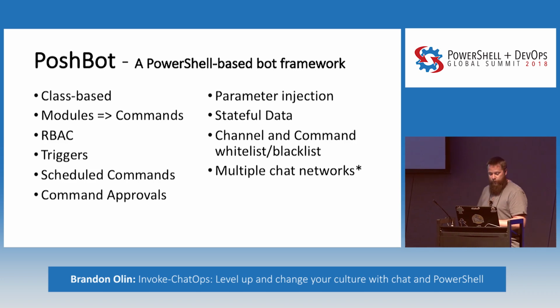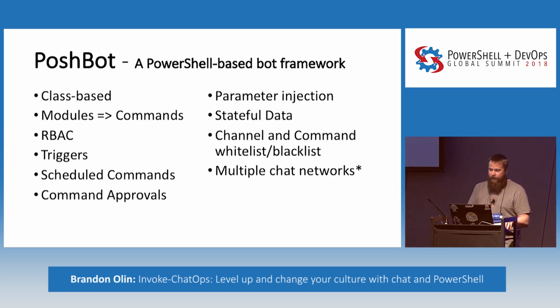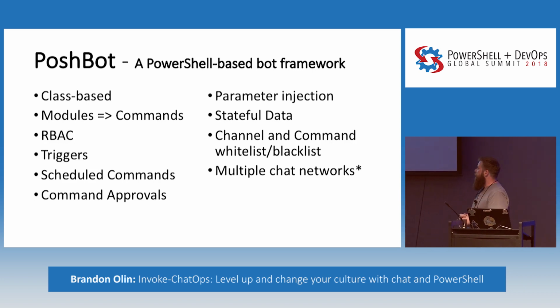There's an asterisk under multiple chat networks, and I know someone will ask me about Teams, and I'll give you the answer about why there's an asterisk there. But since this is written in classes, you can extend classes and implement this framework on multiple chat backends. Primarily, I use Slack, and this is written and tested on Slack the most.